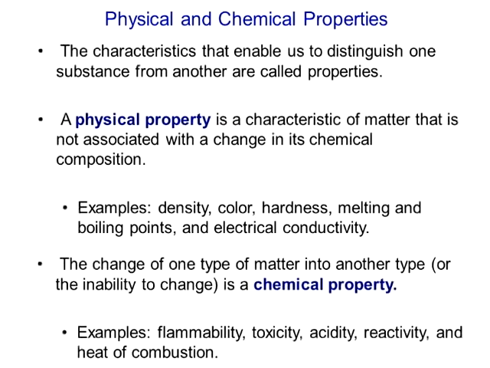A physical property is a characteristic of matter that is not associated with a change in its chemical composition. In other words, you just change the shape or the size or something of that nature, but the chemistry is exactly the same. Examples of physical properties include density, color, color in your hair, hardness, melting point, boiling point, and electrical conductivity.